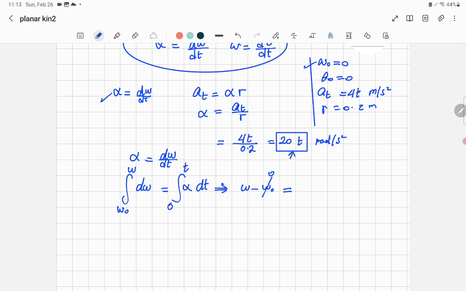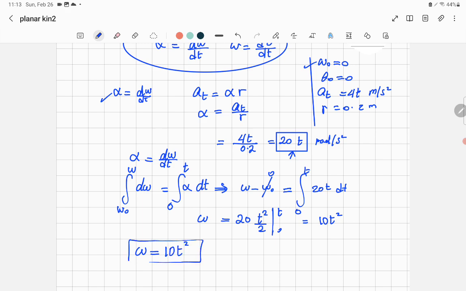Alpha, which I just got, is equal to 20t, integrated from 0 to t. So omega will be equal to 20, a constant, times t squared over 2, from 0 to t. That will be equal to 10t squared. So I found an expression for the angular velocity, which is equal to 10t squared, and of course, the unit will be radians per second.